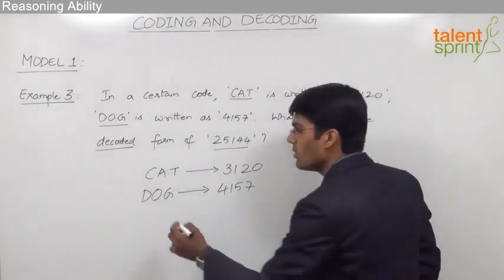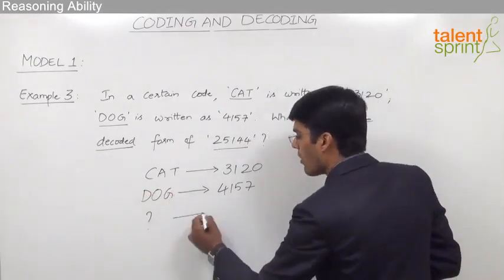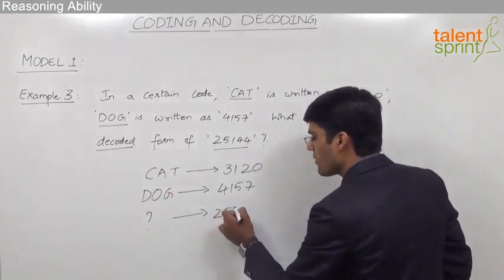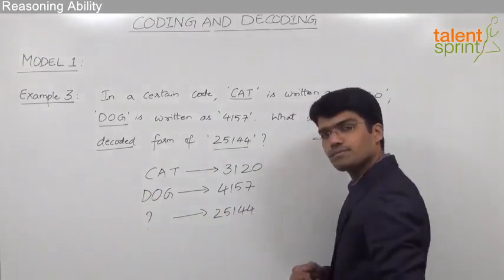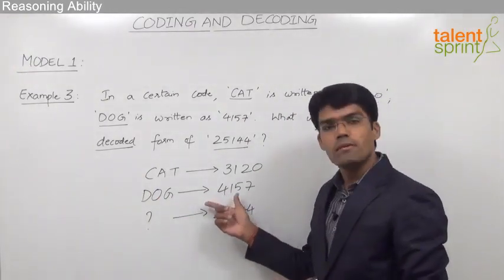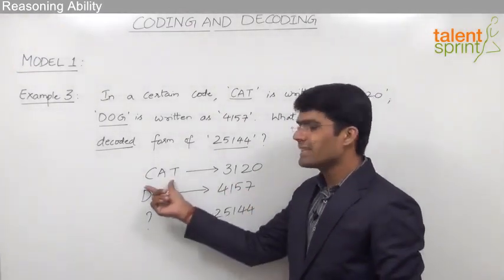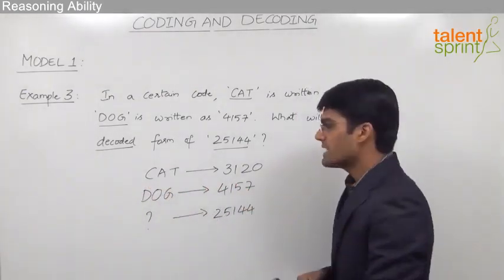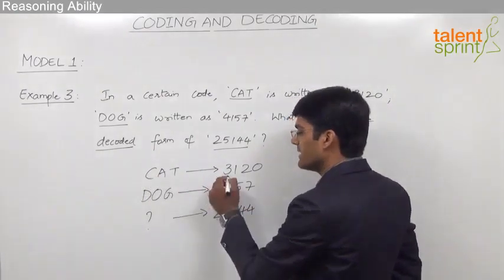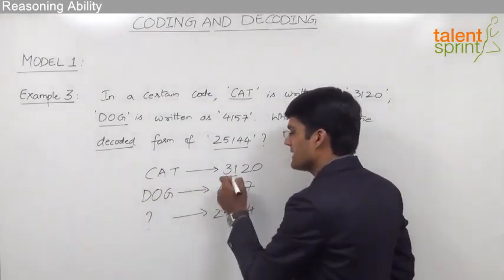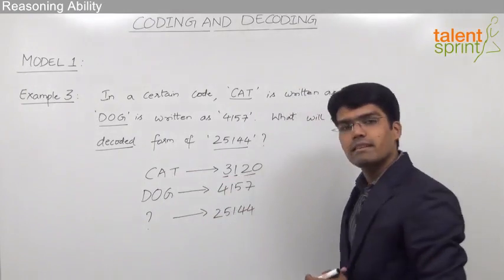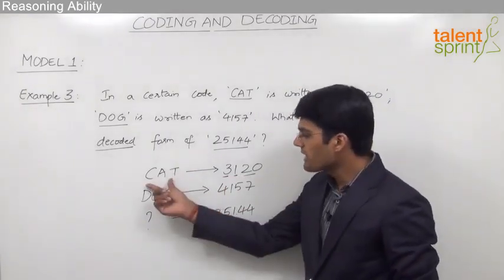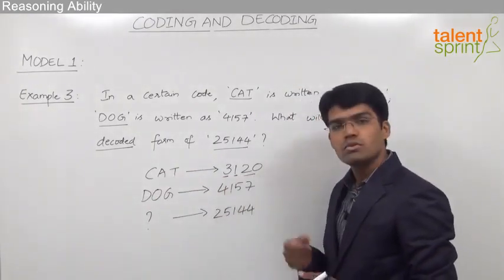And we need to find out the decoded form of 25144. If you try to understand the coded form, here the logic is nothing but the positions of the letters of the given words. As we know that C is the third letter, A is the first letter and T is the 20th letter in the alphabetical order, the code for cat will be 3120.